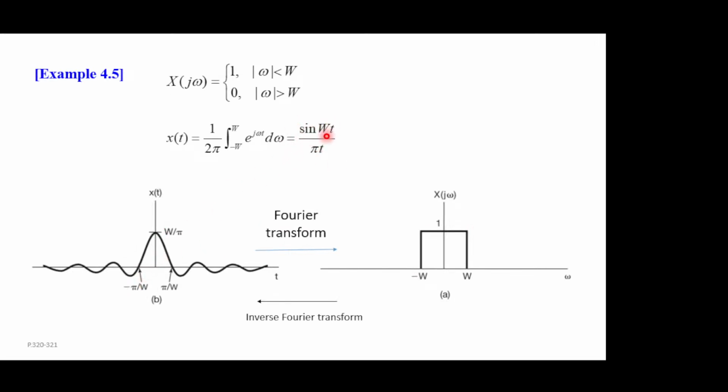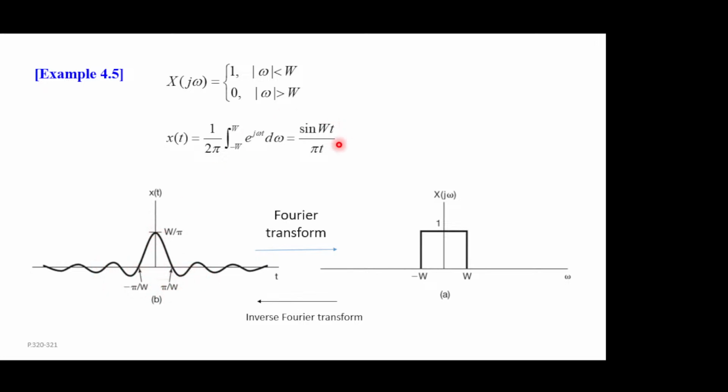This is sine of big W t over pi t. So it will be 0 when W t equals an integer multiple of pi, because sine of something equals 0 when this is k pi. So W t equals k pi, then t equals k pi over W. Okay. So this point will be k pi over W.